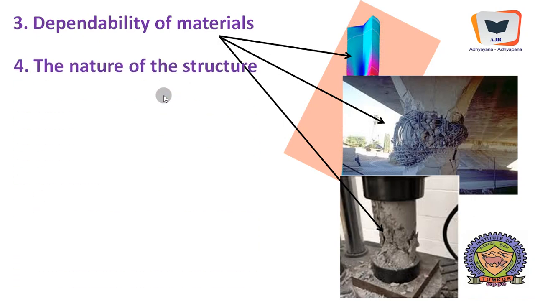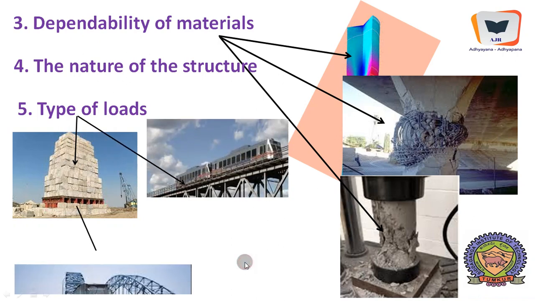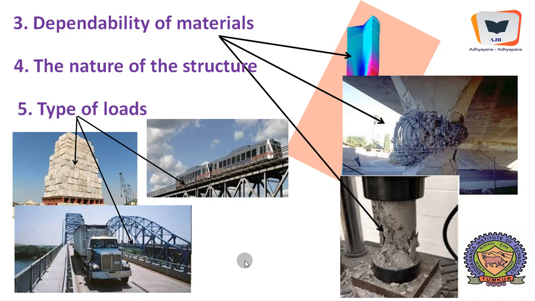The nature of the structure, that means whether a structure or a component is temporary or permanent. The type of loads: is it a static load or is it a dynamic load? Because dynamic load will impart extra load, and it comes dynamically. Therefore, the impact induced by the dynamic loads is much more than the static load.